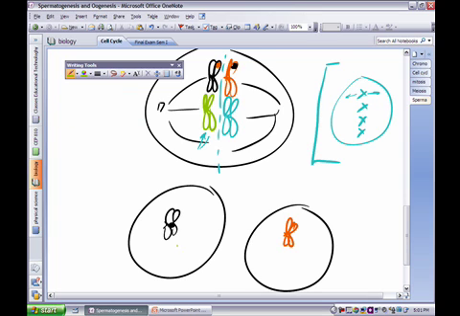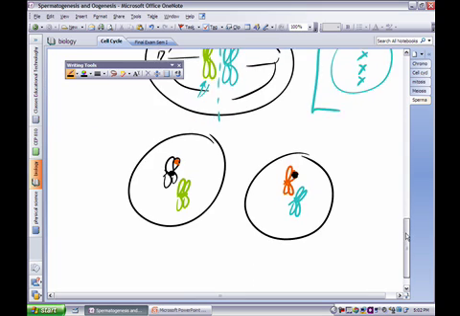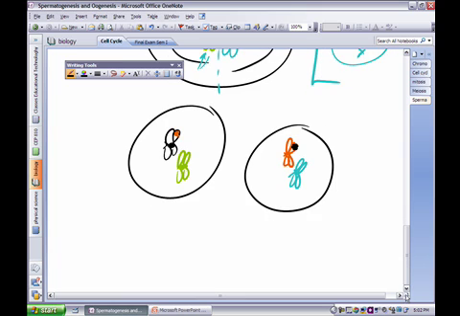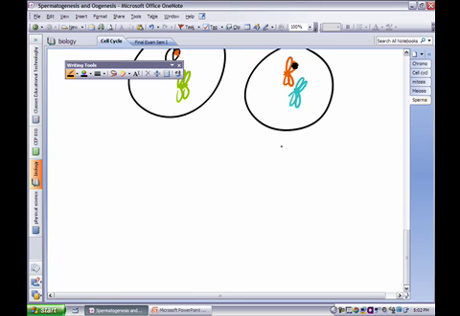We've got the green one that's over here, and we have the teal blue over here, and then I need to put orange in here representing the crossing over, and black over here representing that crossing over, so that you have two new cells that look like this.